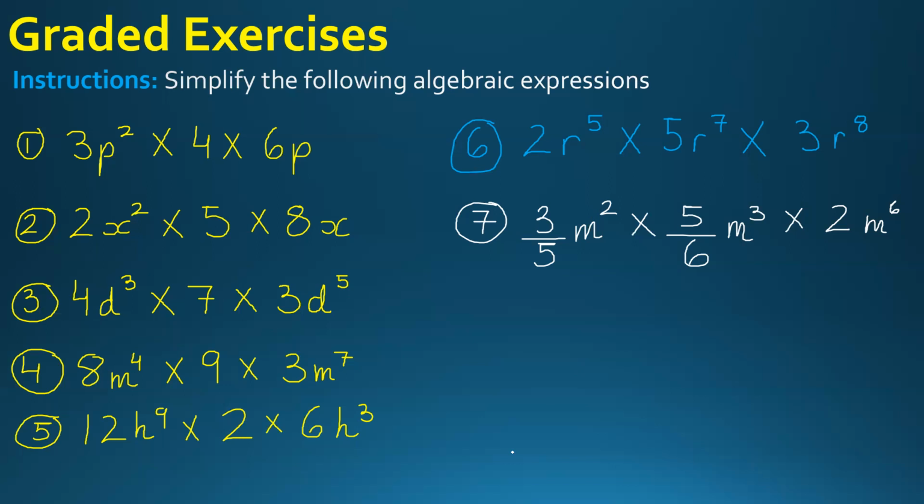Okay, no problem. All right, then we have what else? Isaac, what number you want? Number 5.